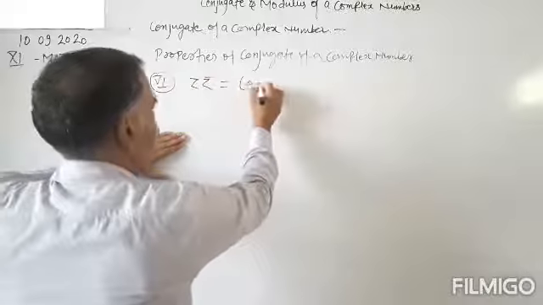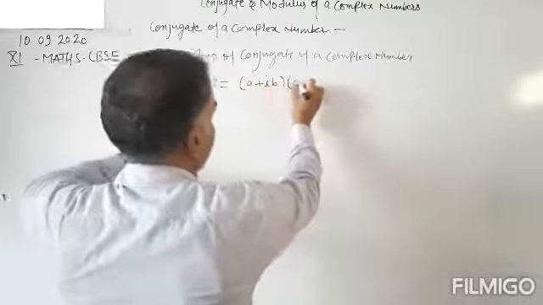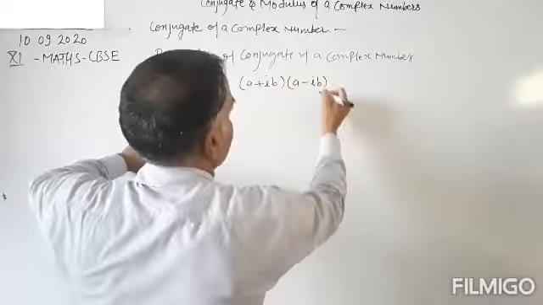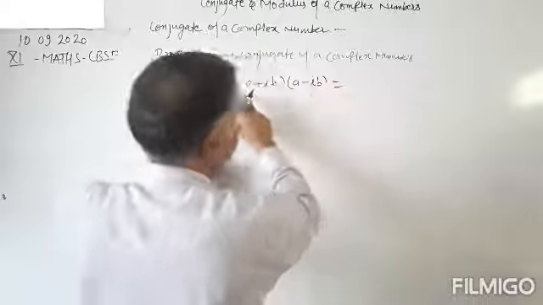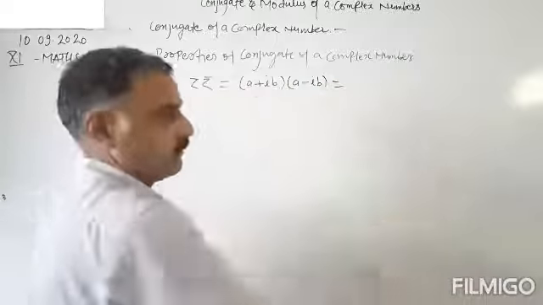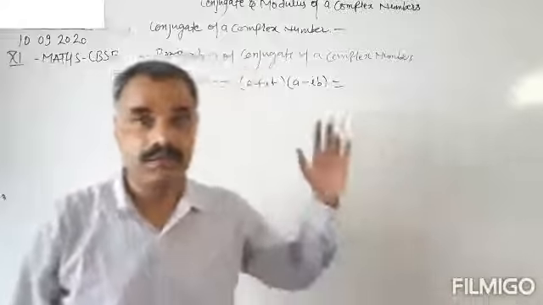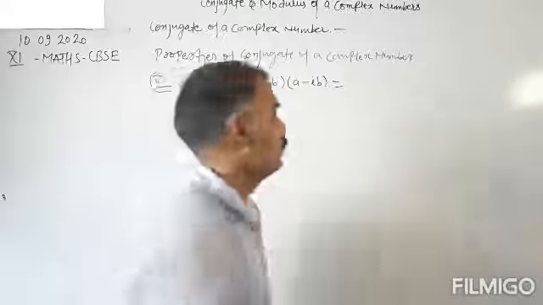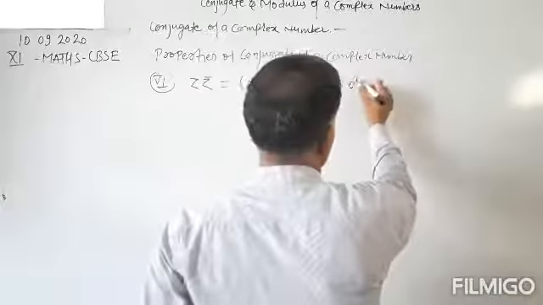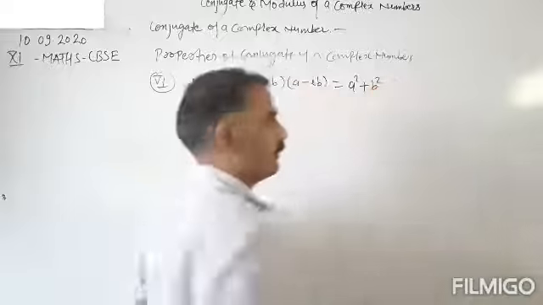That is, a plus iota b multiplied by a minus iota b. After multiplying these two, we already have the multiplication of these two, so this is equal to a square plus b square.